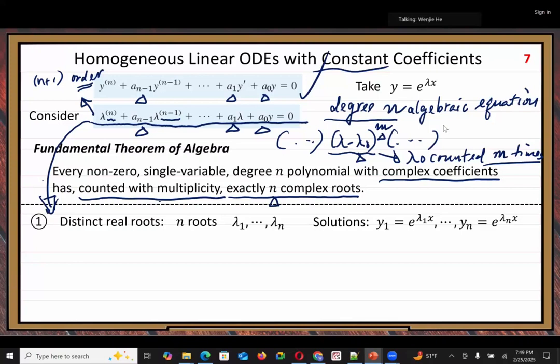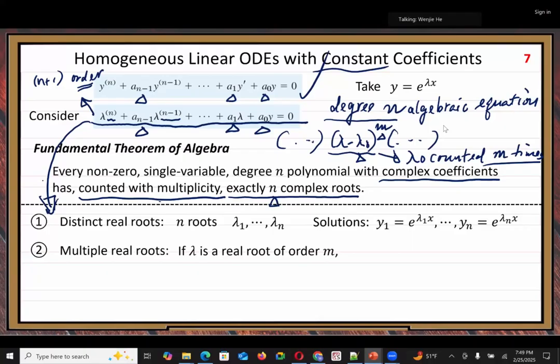The second case: now we need to consider multiple roots, where one particular root is repeated multiple times. Let's say lambda is a real root of order m.